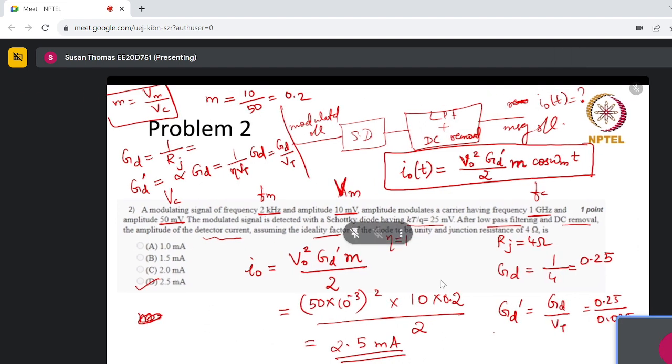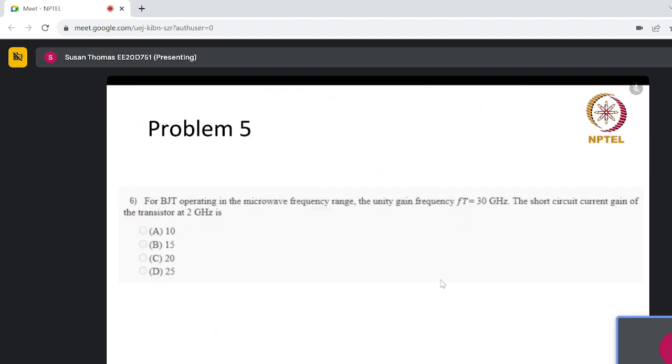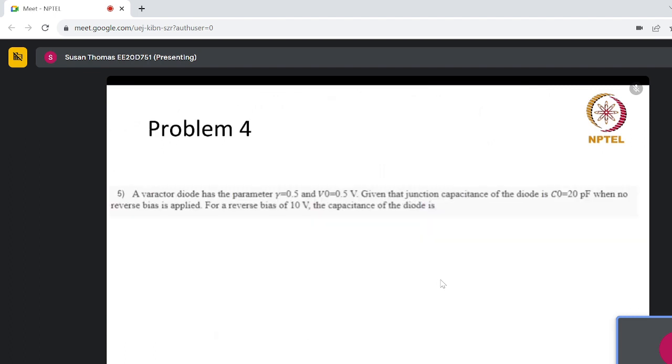Okay, let's move to another question. Now we have a question on a varactor diode having a parameter gamma as 0.5 and V naught, take this as 0.5 volt.